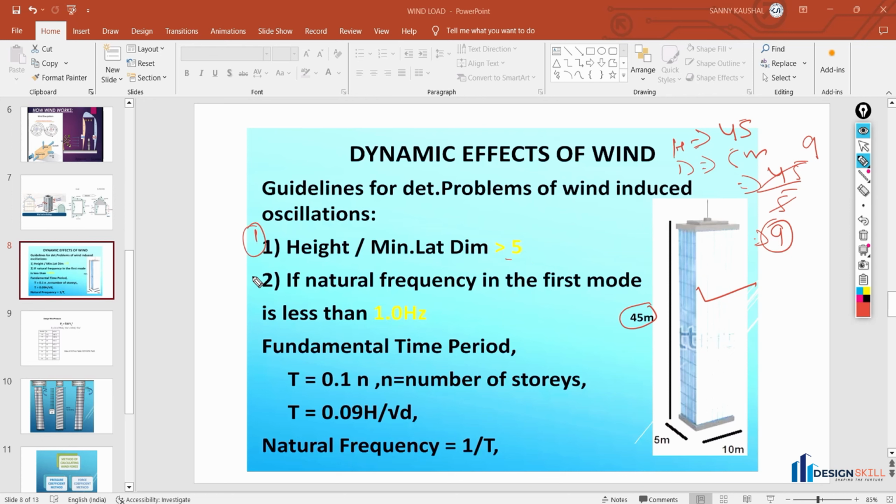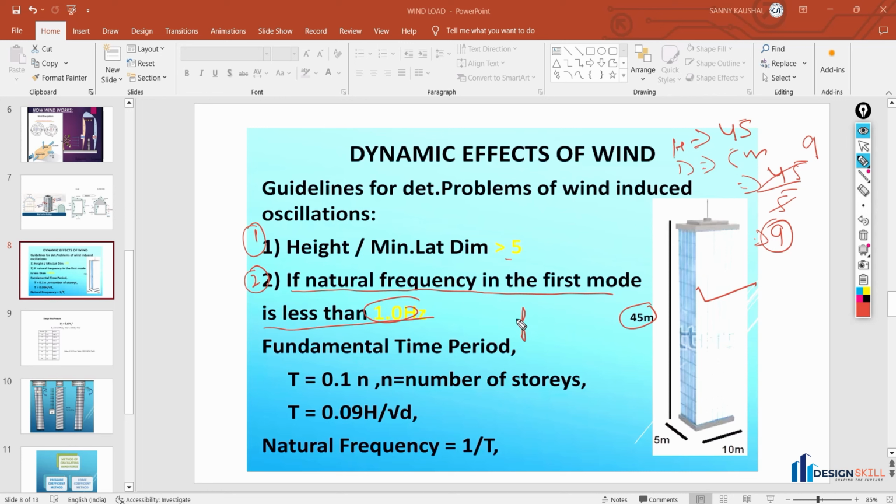Now what is the second condition? If the natural frequency in the first mode is less than 1 Hertz, this is also very important. Try to understand that if the natural frequency of your structure is lesser than 1 Hertz, then you require to apply the gust factor. So how will you calculate the frequency?